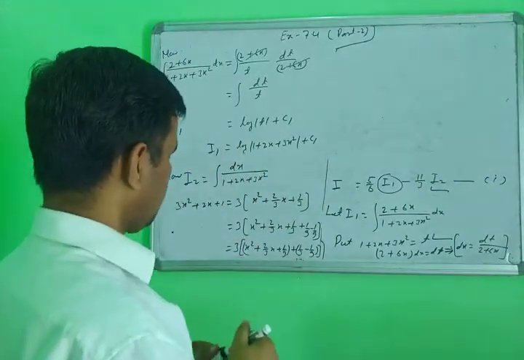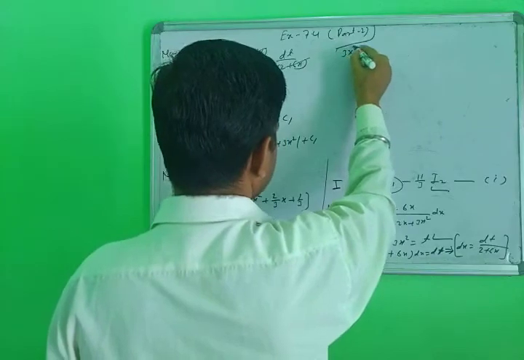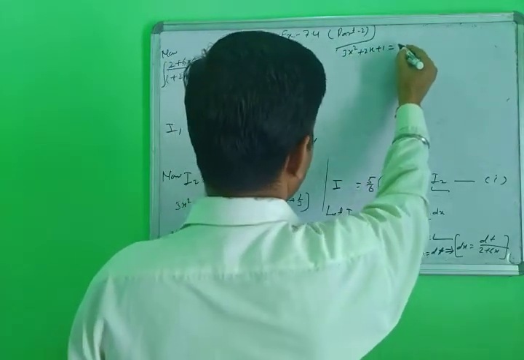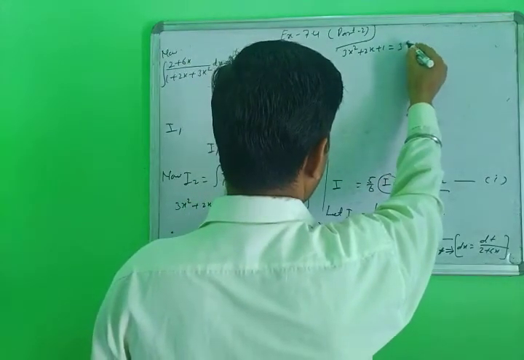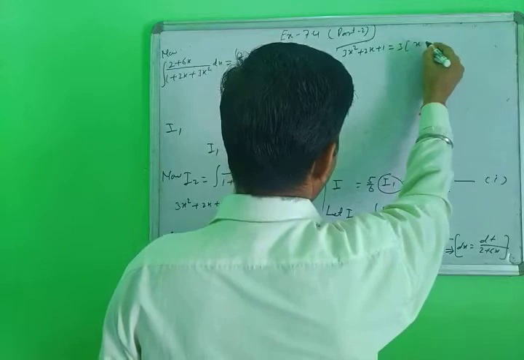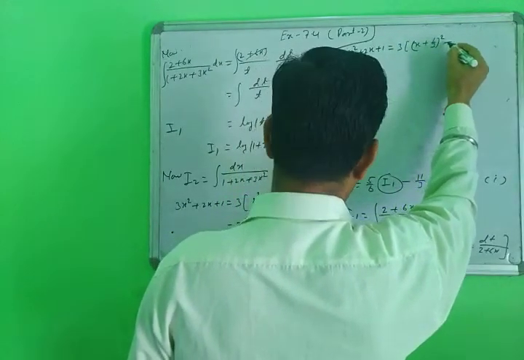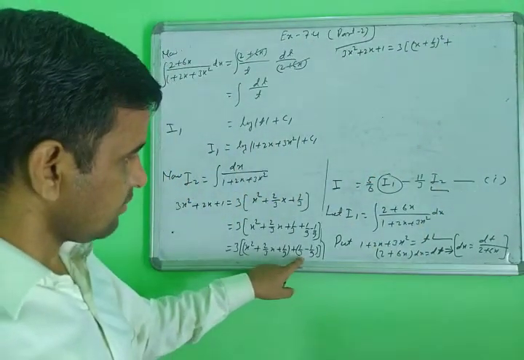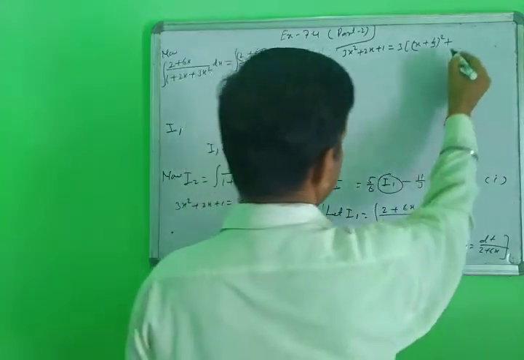What result comes here? 3x² + 2x + 1 equals 3(x + 1 by 3) whole square plus, taking LCM, 3 threes are 9, 3 minus 1 is 2, so 2 by 9.